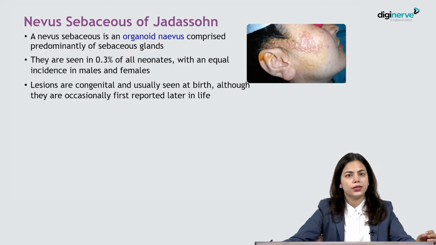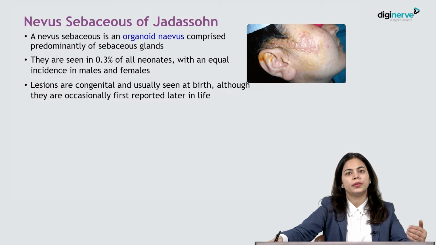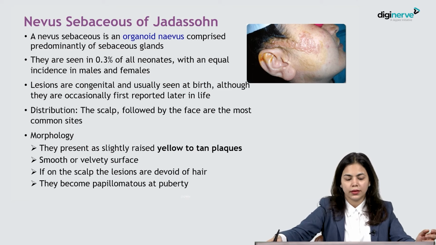The lesions are congenital, so you will see them generally at birth, but with age they change their morphology. Sometimes the patient will come to you with onset not at birth but a little later. That is also possible. They'll generally be over the scalp or face.